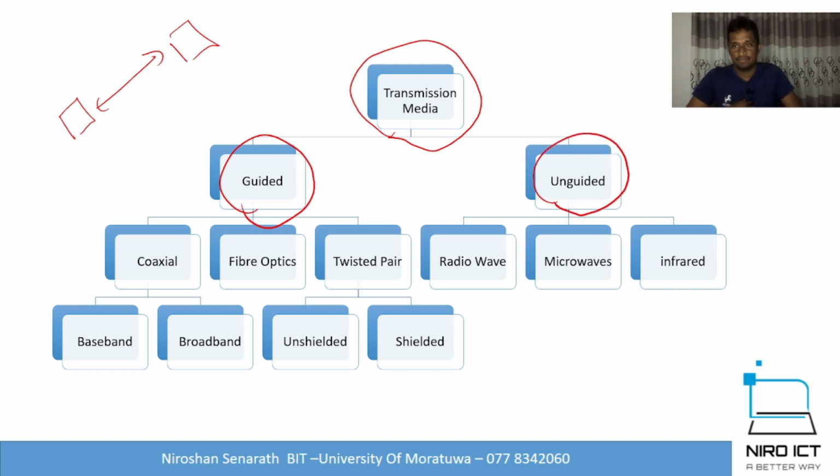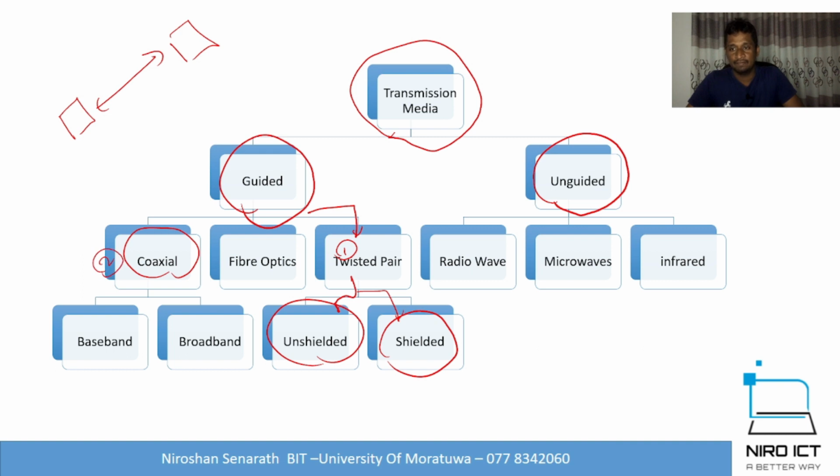When you talk about guided media, wired media, we have to learn them under three types of cables. One is the twisted pair cable. This is a simple cable that we use to transmit baseband signals. Twisted pair can be categorized into two parts: unshielded and shielded. Another is coaxial cable.